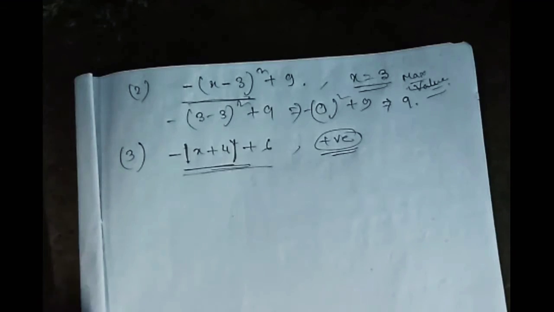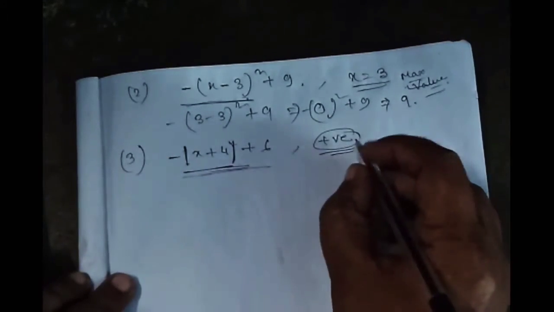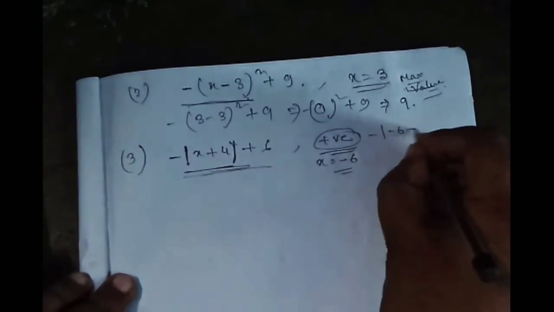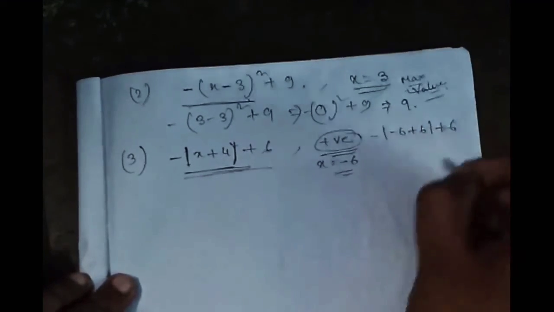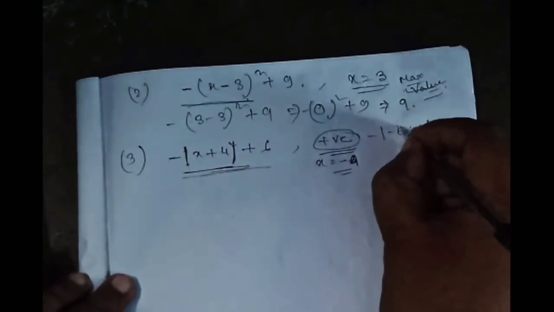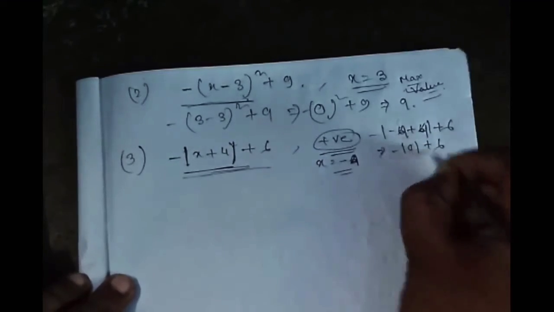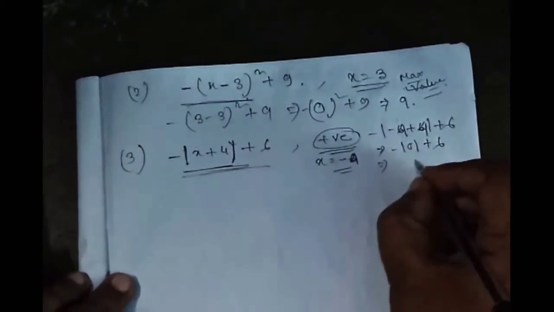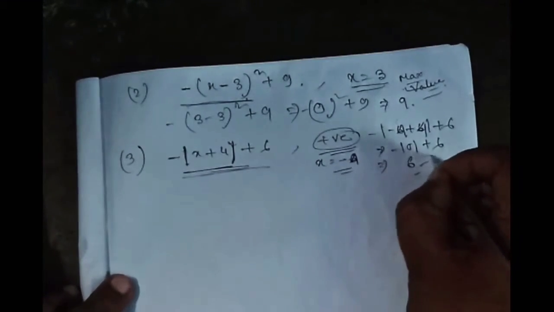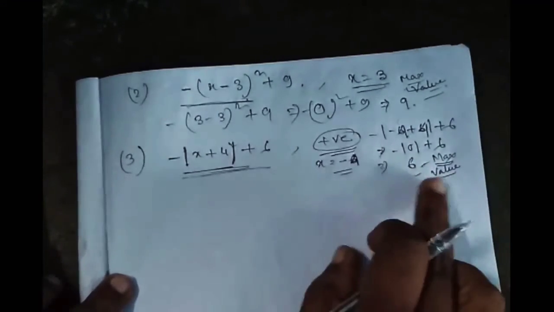So we have to find only the maximum value of this function. So for that, take x equal to minus 4. So that means minus mod 0 plus 6. So that's implying plus 6. So this is the maximum value.